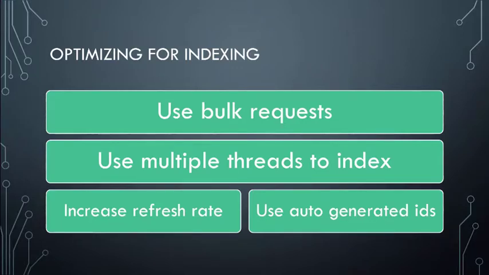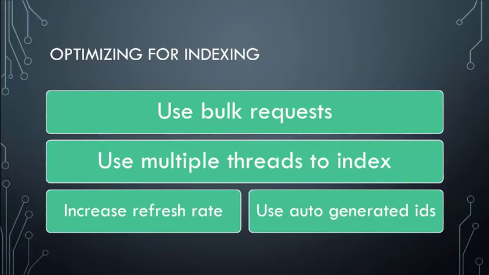Finally, another optimization that you can do is to use auto-generated IDs for your documents. If you don't send an ID for a new document, then Elasticsearch will generate an ID for it. The difference is that when you send an ID for a document to index, Elasticsearch needs to check that this ID doesn't already exist within its index, which can take some time and slow things down.